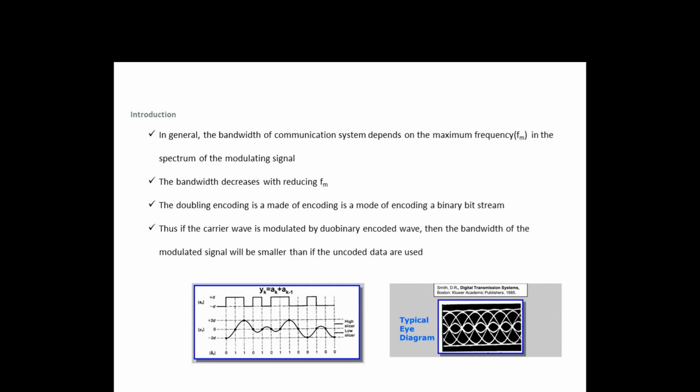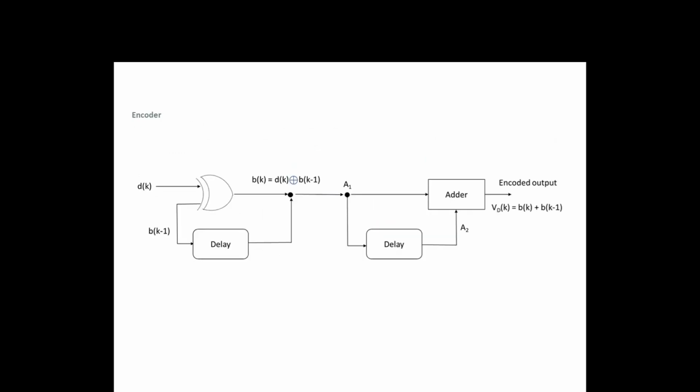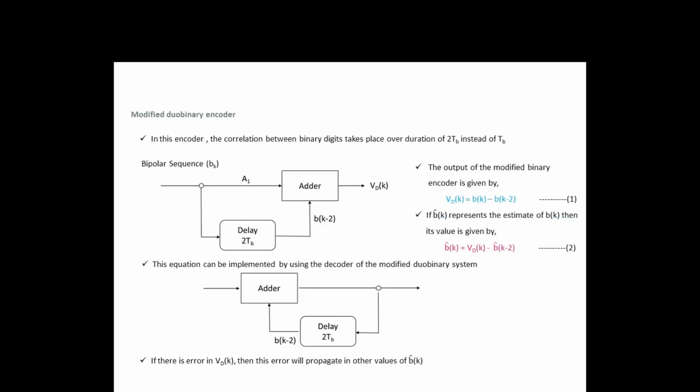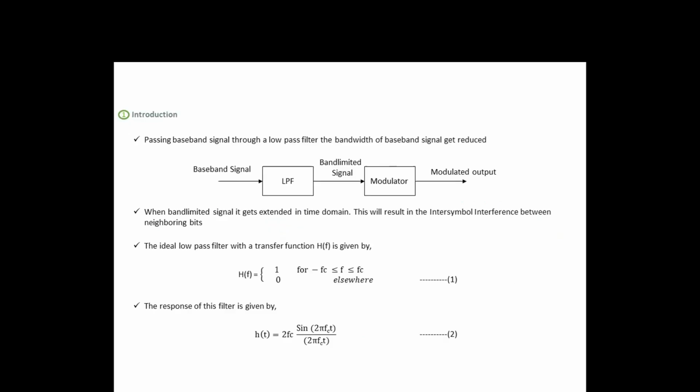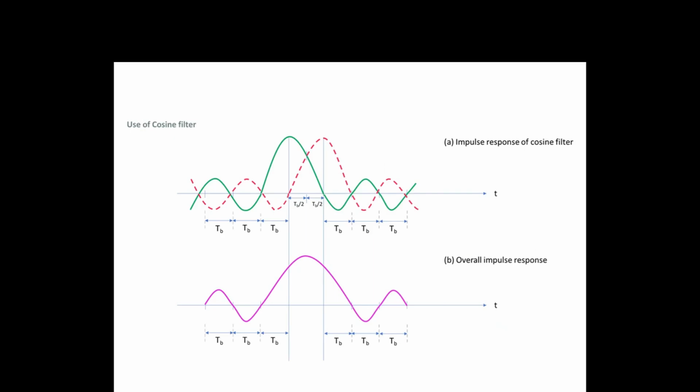Thus, if the carrier wave is modulated by a duobinary encoded wave, then the bandwidth of the modulated signal will be smaller than if the uncoded data are used. This is the typical diagram, a simple encoder diagram. Then we have partial response signaling also, which we'll see in the next class.